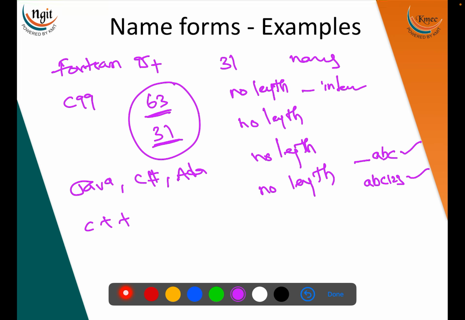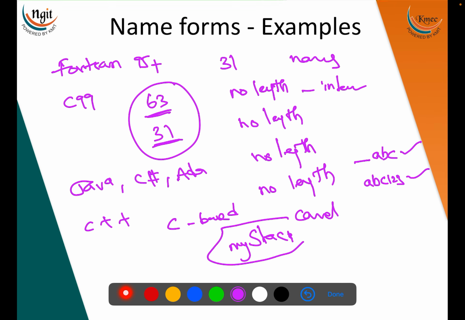Mostly programming languages use this kind of thing. In C-based programming languages, this has to a large extent been replaced by the so-called camel notation, in which all words of a multiple-word name except the first are capitalized. That means I can write something like myStack. So this notation is called camel notation.